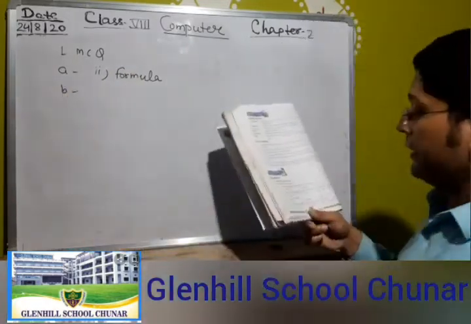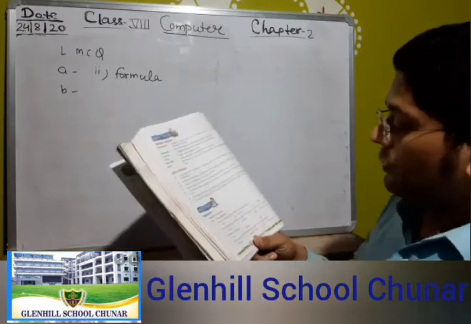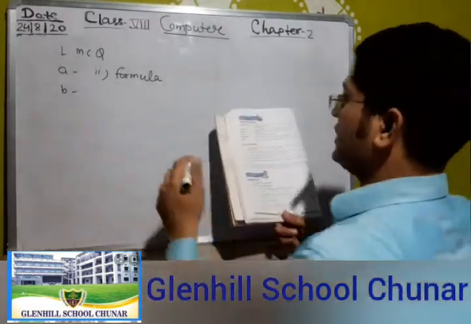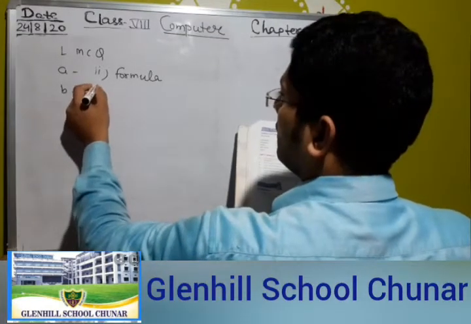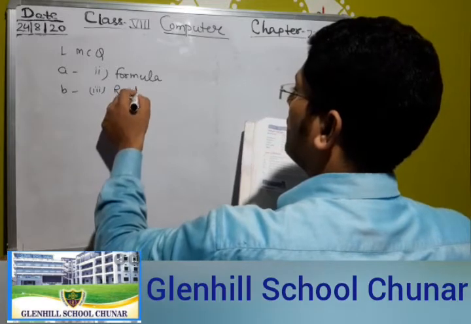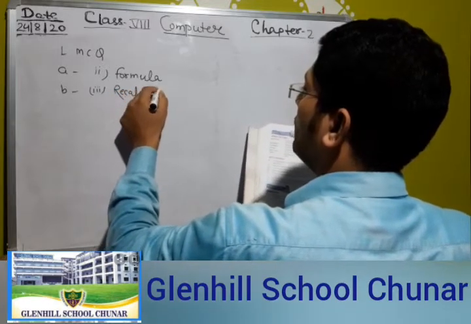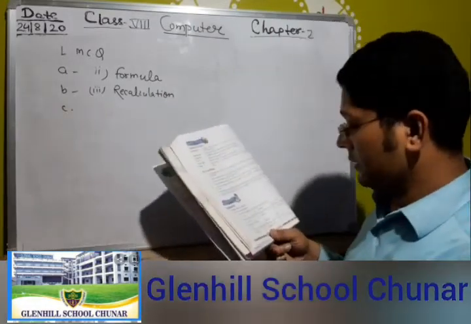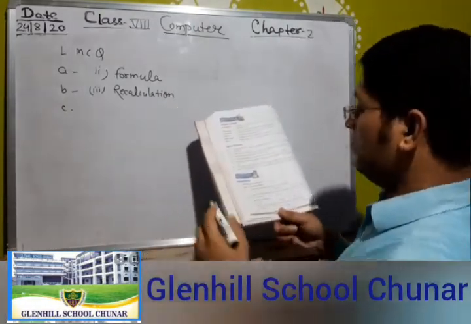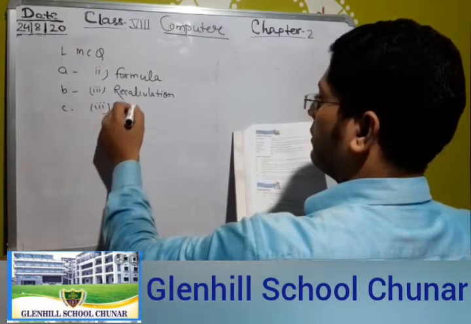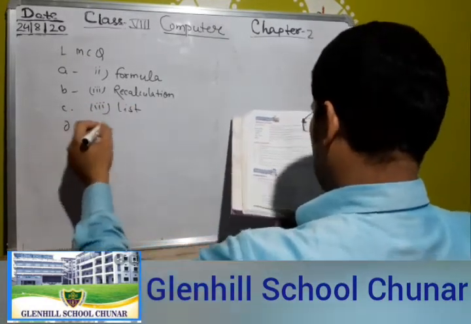B. When the data of a worksheet changes in a formula, this feature is called recalculation. C. Pivot tables are based on lists.